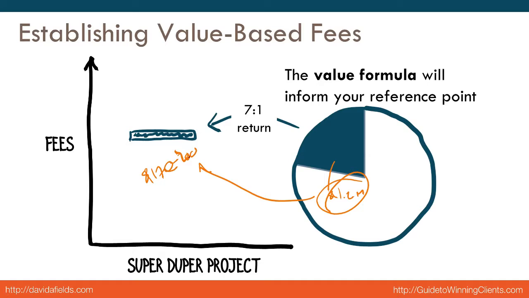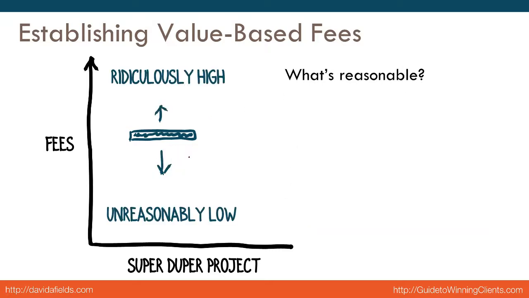But then I'm going to check that number against a couple of things. First, what does my gut sense of what's reasonable tell me? If this project would take me or any other smart, experienced consultant 3 days of work, and the value formula spits out $15 million, I'm going to adjust downward.